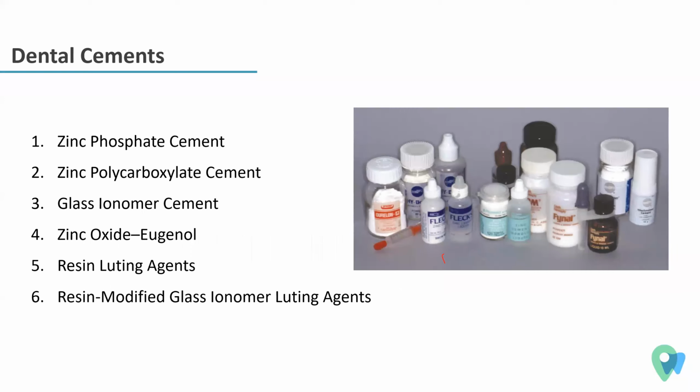The following are different types of dental cements, and we will go over each and every one in more detail in the coming few slides. So the dental cements that we're going to cover are zinc phosphate cement, zinc polycarboxylate cement, glass ionomer cement, zinc oxide eugenol, resin luting agents, and resin modified glass ionomer luting agents.